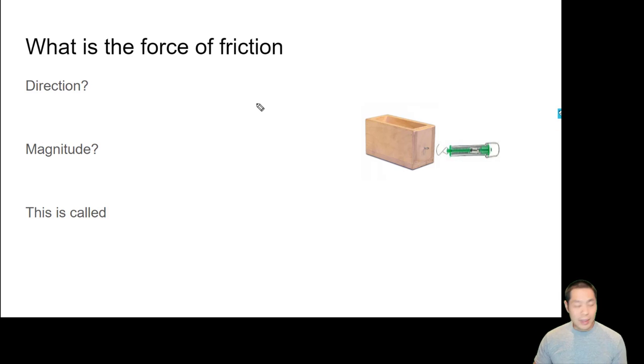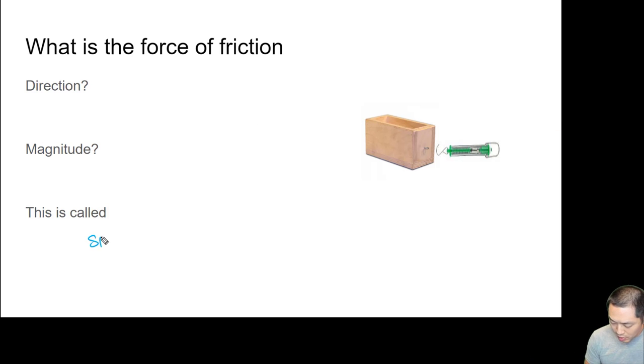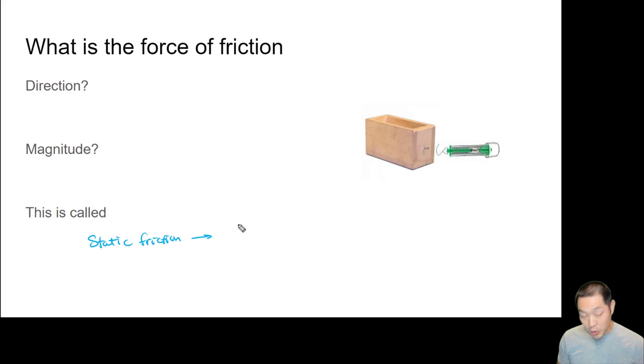So what is this? This is called static friction. This is the force of friction when it's not moving, and that's why it's called static. But it's very important: the direction is going to be the opposite direction of the force.